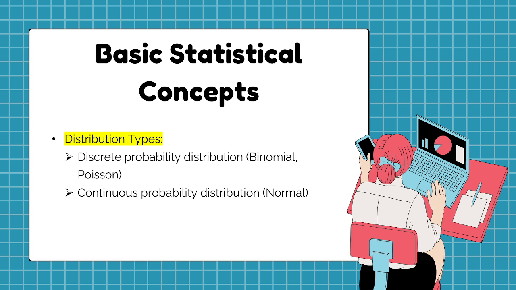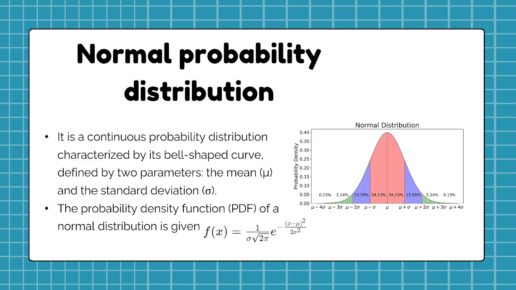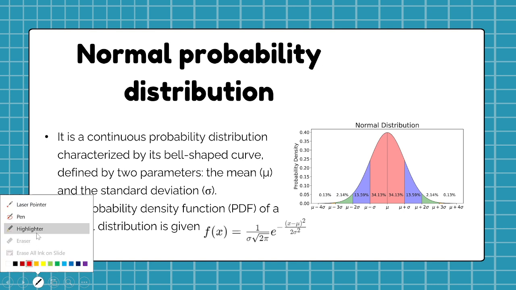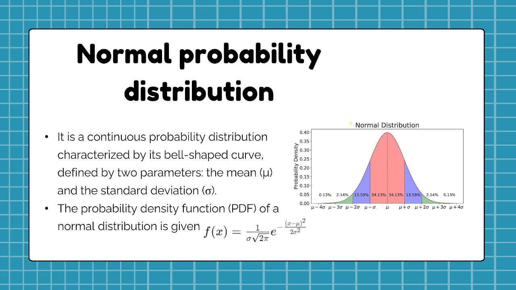So hypothesis testing requires these normal distributions. What is the normal distribution? From the figure on the graph, that is the normal curve, right? This normal curve we call the normal distribution, the curve that follows the normal distribution concept. These normal probability distributions are characterized by this bell-shaped curve, and defined by the mean and also the standard deviation.